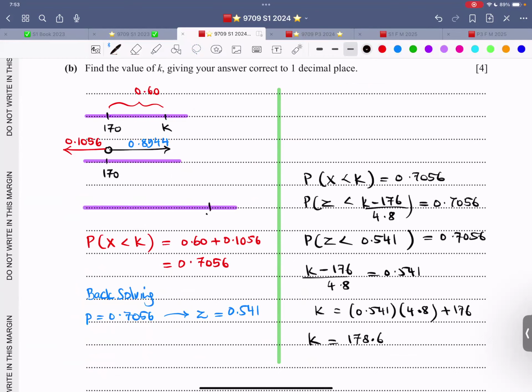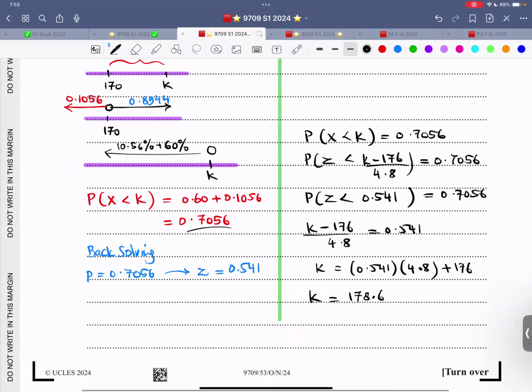So there is K over here, and lesser than K is 10.56% plus 60%, and that comes out to be how much? 0.7056 or 70.56%. Got the idea? So now this value is by default inclusive. It's a continuous distribution, normal distribution. Now back solving. Now go to the table and go to this value of probability 0.7056. So let me take you up.